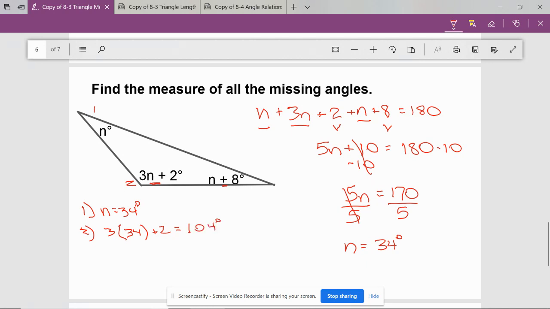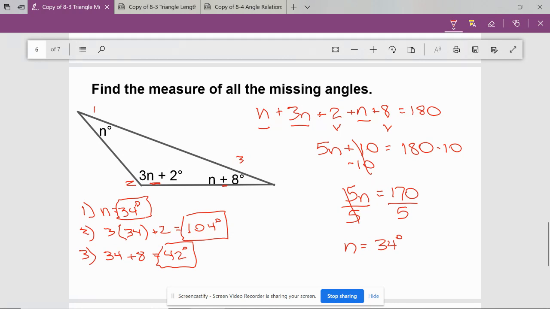And then our third angle, which is this one, we plug n in, so that's 34 plus 8, which equals 42. So our three angles are 34 degrees, 104 degrees, and 42 degrees.